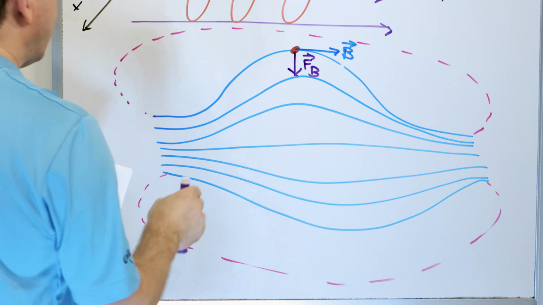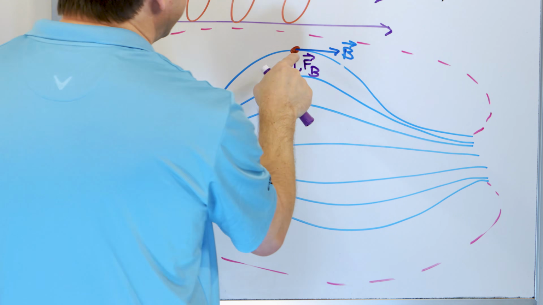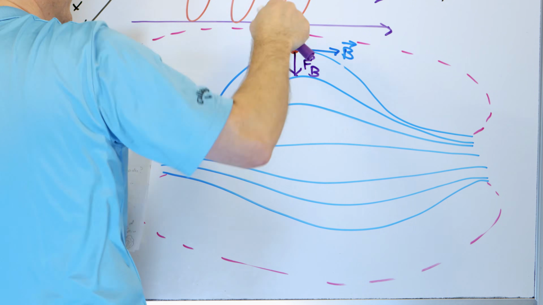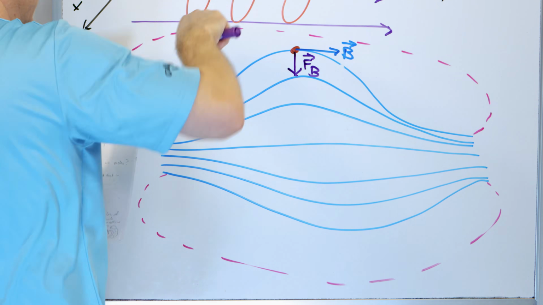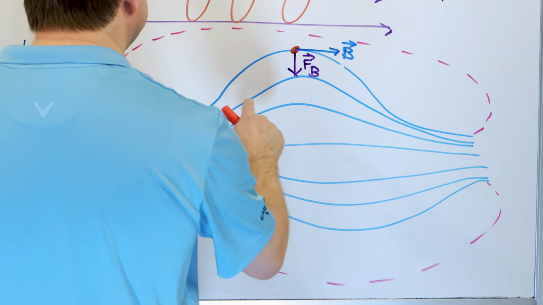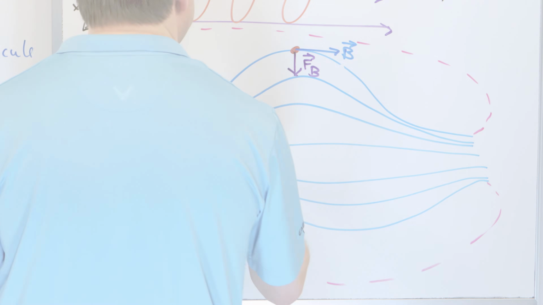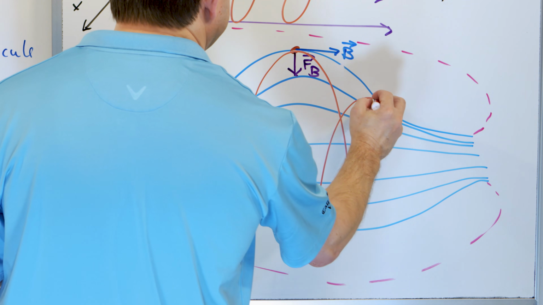All right? Now what's going to happen, the particle was traveling into the board, and it's going to be orbiting because the magnetic force is going to be acting downward. So as it goes into the board, the force is going to cause it to curve around and around and around like this. And so this magnetic force is going to cause a curved trajectory, which will be something like this. Maybe it'll go up and then down and then up and then down.